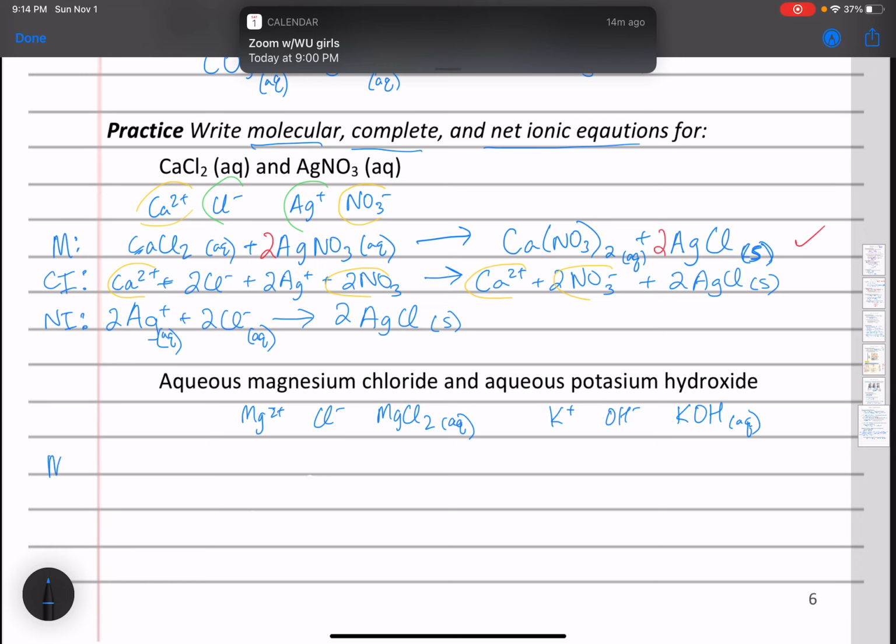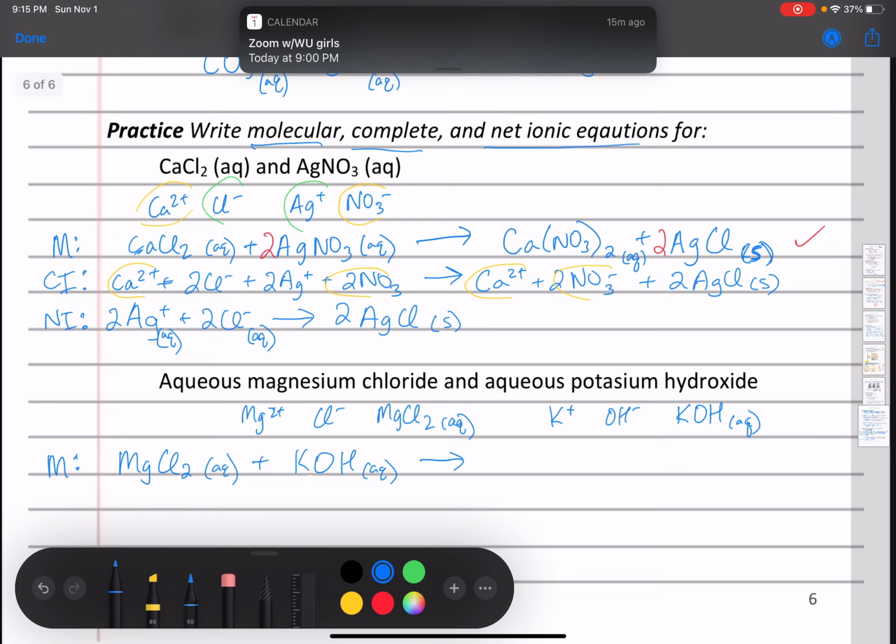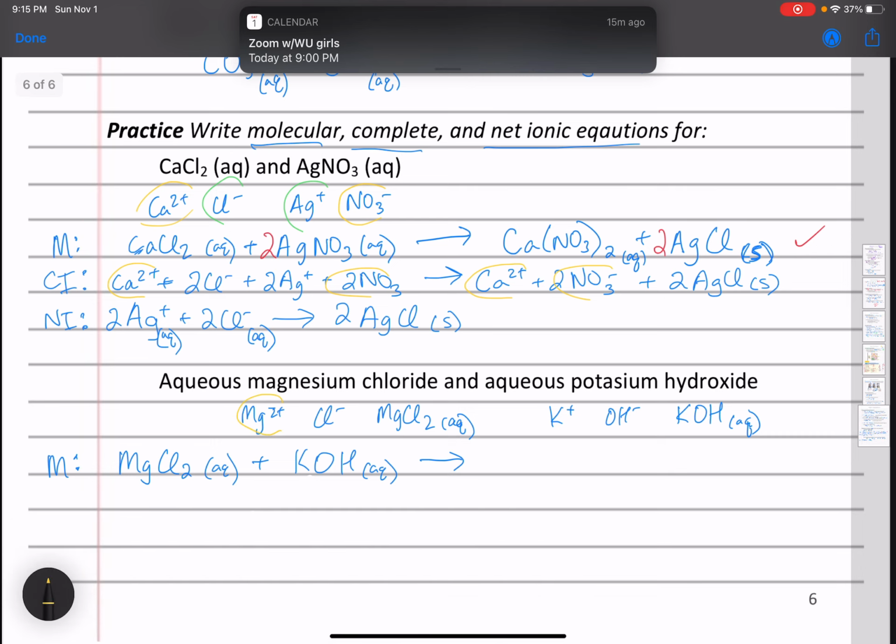So for our molecular formula, we are starting with magnesium chloride, aqueous, and potassium hydroxide, aqueous, and we are doing a double displacement reaction. So the magnesium and the hydroxide will now pair together.